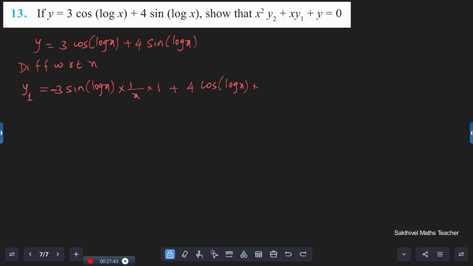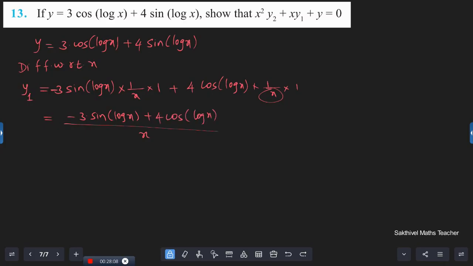Now again log derivative 1 by x, again x derivative 1. Be careful. Now in all the places we have a denominator x, so I'm writing divide by x. Numerator is minus 3 sine of log x plus 4 cos of log x.